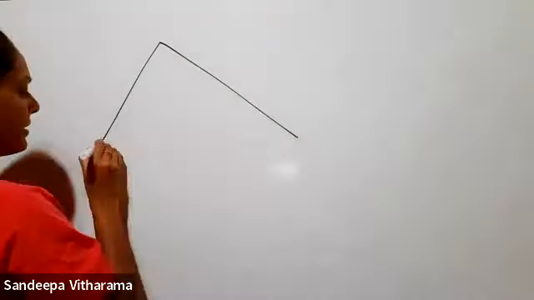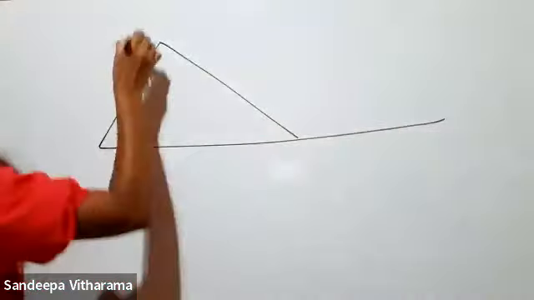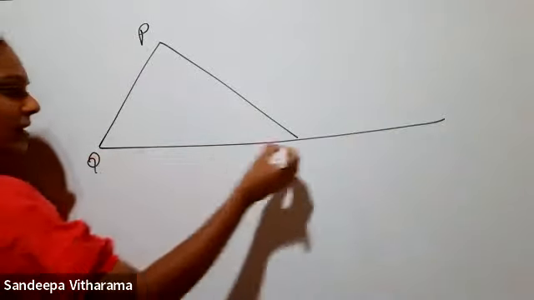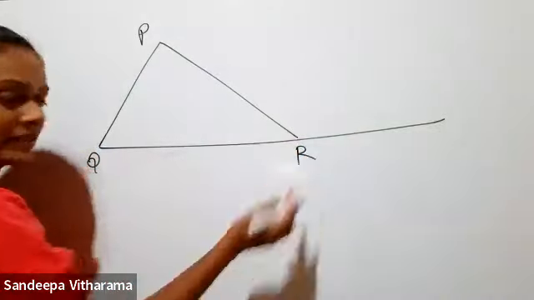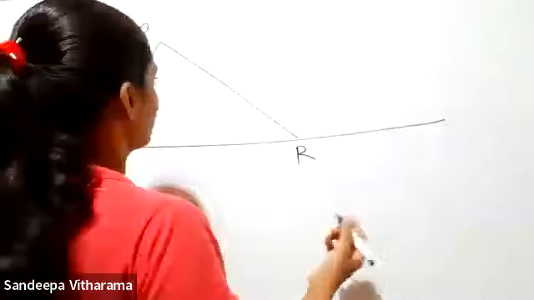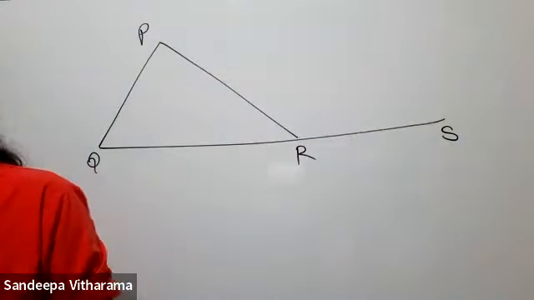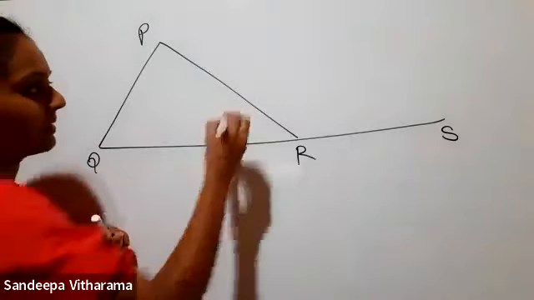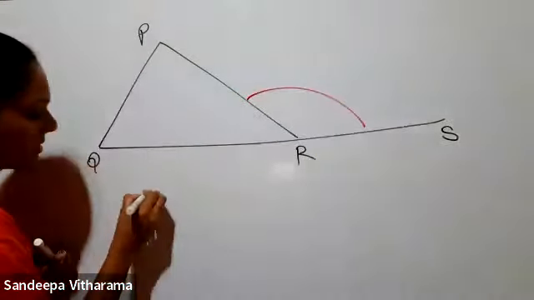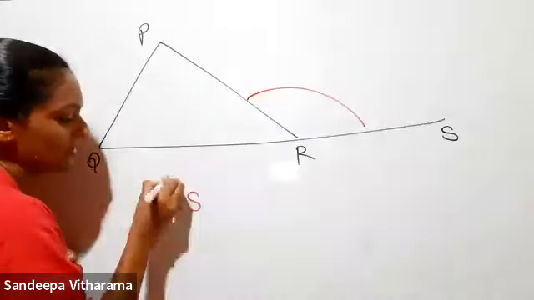There is a triangle. It is PQR. QR side is produced to S. Okay. Then what is the exterior angle formed? The exterior angle formed is PRS.